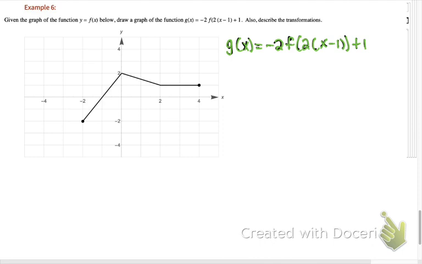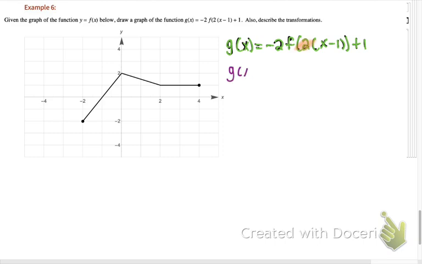Now we're going to go through here and we're going to identify some values like we usually do. So I'm going to start with the inside changes, and I'm going to highlight +2 in orange. That's going to tell me that capital A is 2. As a matter of fact, it's not even a bad idea to just compare this to your general form.